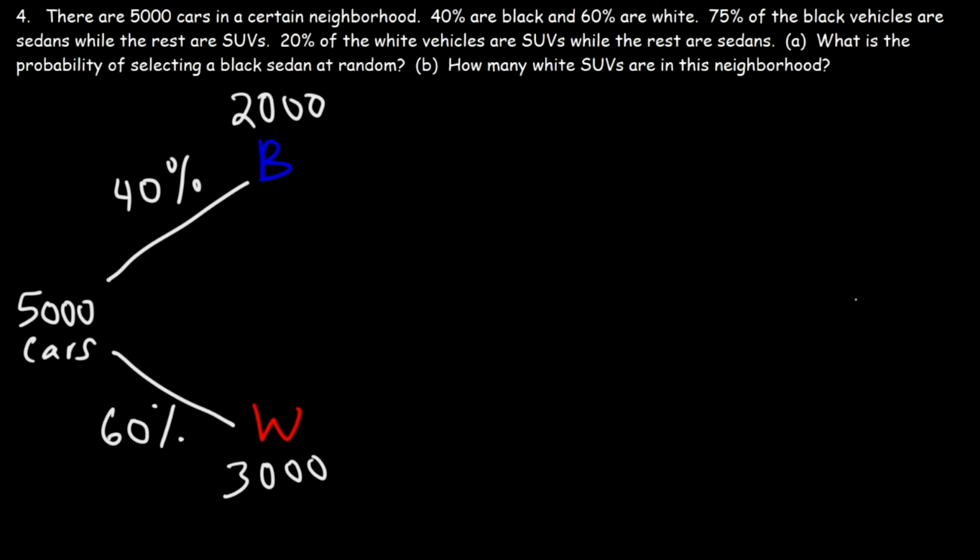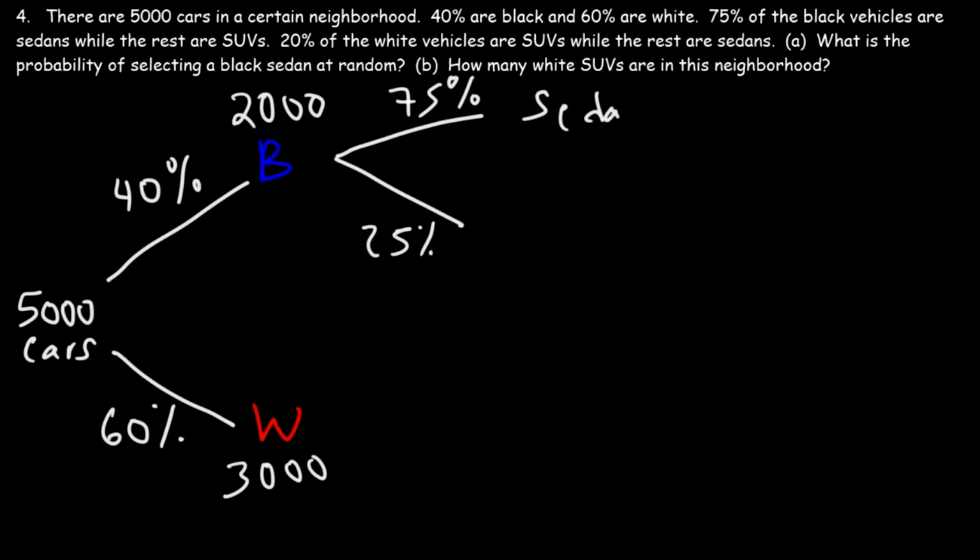Now, 75% of the black vehicles are sedans. So let me create another tree diagram. So this will be 75%, which means this part has to be 25% because it has to add up to 100. So this is for the sedans, and the other 25% has to be SUVs.